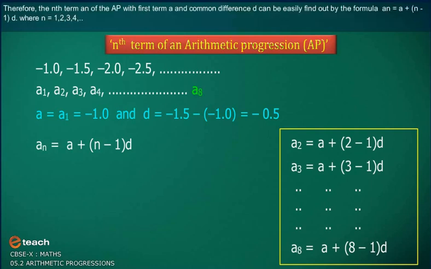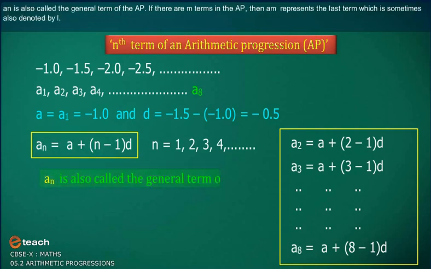Therefore, the nth term an of the AP with first term a and common difference d can be easily found out by the formula an is equal to a plus into bracket n minus 1 d, where n is equal to 1, 2, 3, 4 and so on. an is also called the general term of the AP.